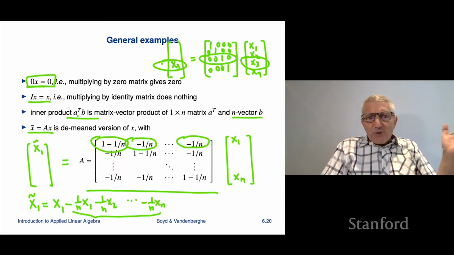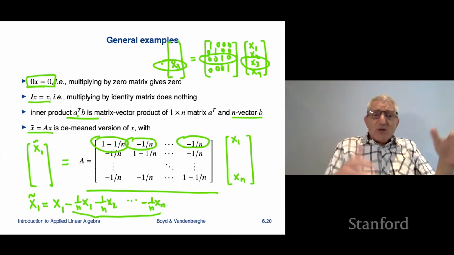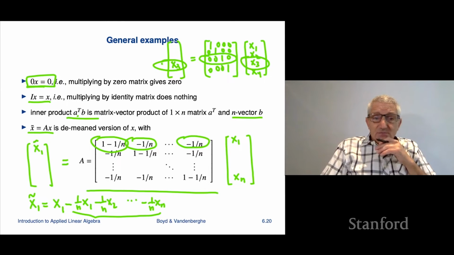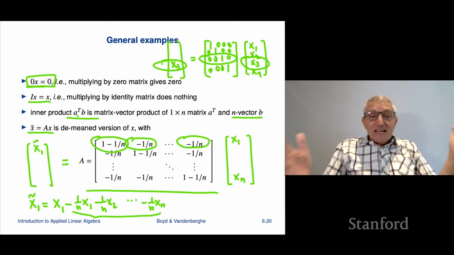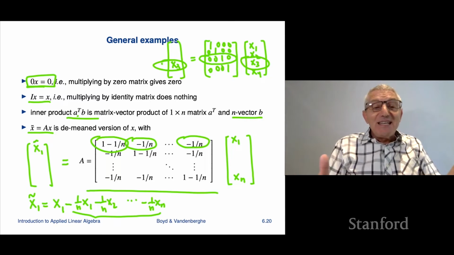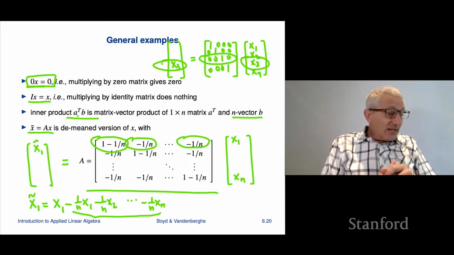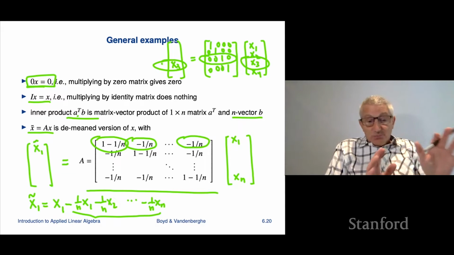I mean, if it's just some weird random matrix, the answer is I don't know. But the point is, I should have been able to give you that matrix and say, what does it do? And then you would come back and say, oh, it simply subtracts the mean of the entries from every entry of x. It's a demean. People would even refer to that as the demeaning matrix. So anyway, you'll want to go back and forth. So we'll get to that later.